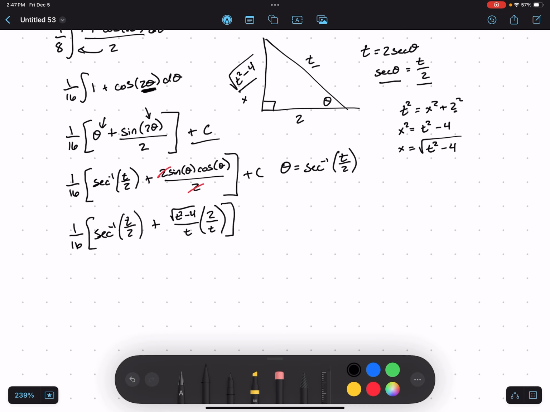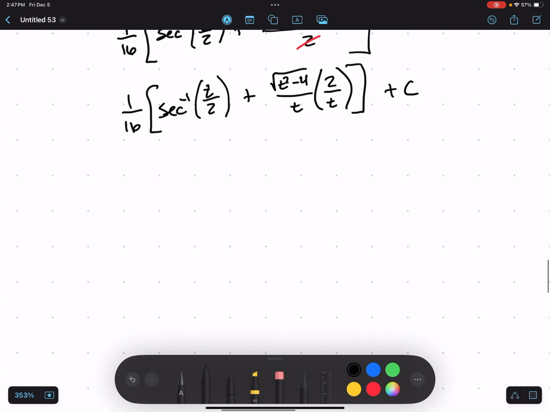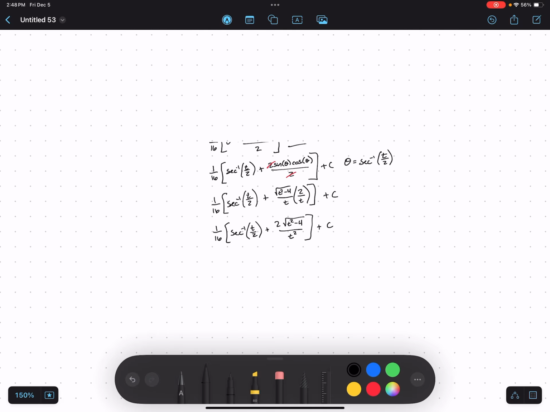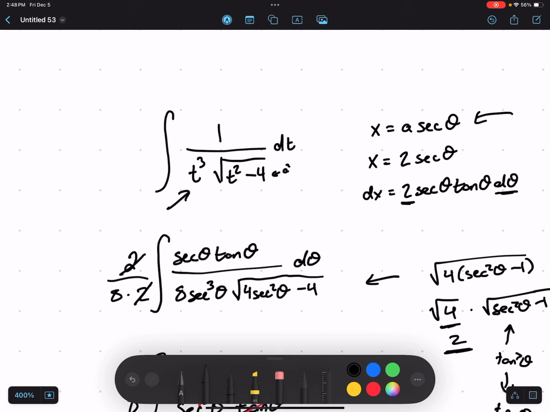And then don't forget the plus c at the very end there. So what this simplifies finally down to is 1/16 times secant inverse t over 2 plus 2 square root t squared minus 4 over t squared plus c. And that's it. That's our full-fledged answer to this trigonometric substitution question.